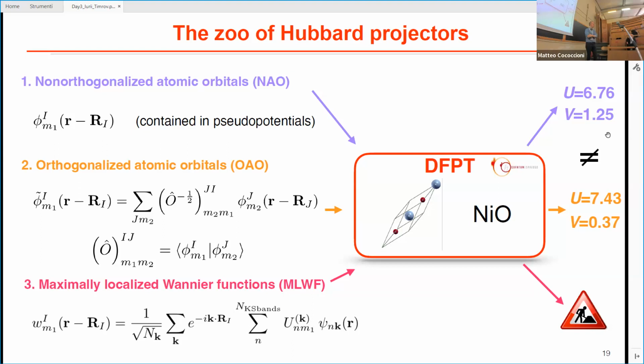As we said, concentrating on the orbitals that you would have in the isolated atom is not good, or may not be good, and it may be better to orthogonalize, or it might be better to find the best localized orbital in the system, which might be the maximum localized orbitals. And if this is so, if this is the right projector, then it should address the self energy of that orbital only.